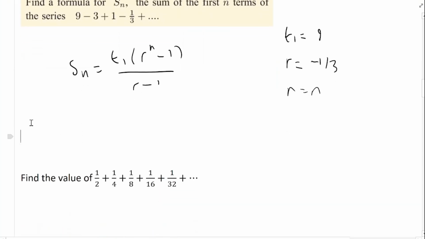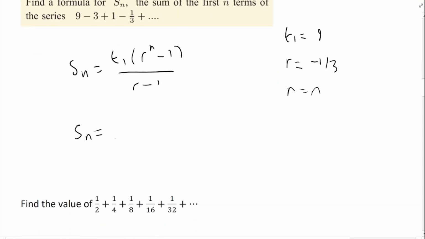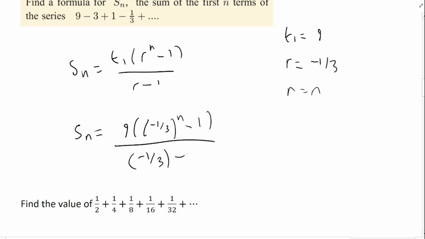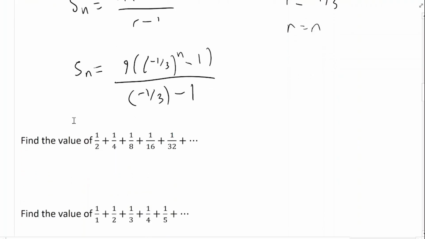Then we can plug in all these bits and pieces. So Sn is going to be 9 times minus a third to the power of n take 1, over minus a third take 1. So that's your general formula there.